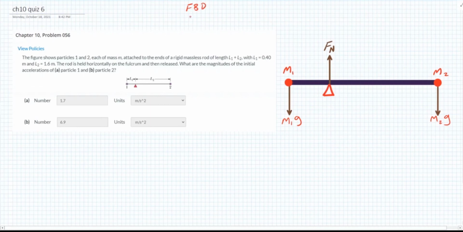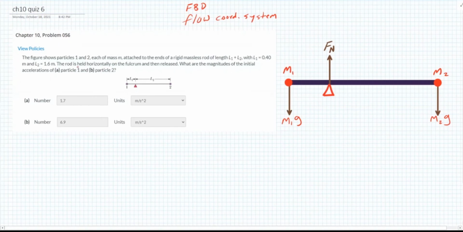Here's my coordinate system. I think it's not moving. There's nothing here that's moving in a straight line, so I don't have to worry about X or Y. I just have to worry about the angular, my AOR.